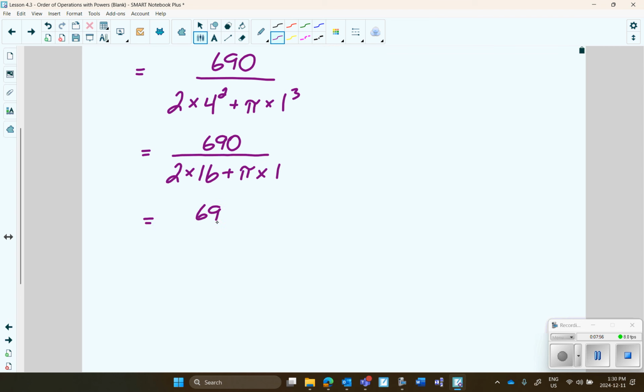What am I going to do next on the bottom? Multiplication. Right, I'm going to do the multiplications. So 2 times 16, 32. 32, plus, well, pi times 1 is just, let's say pi is 3.14. And 3.14 times 1 is just itself.